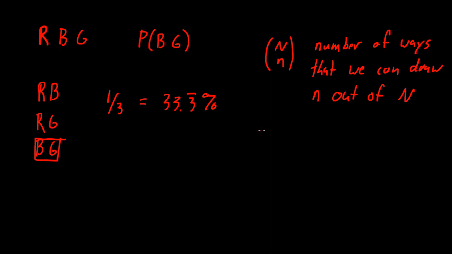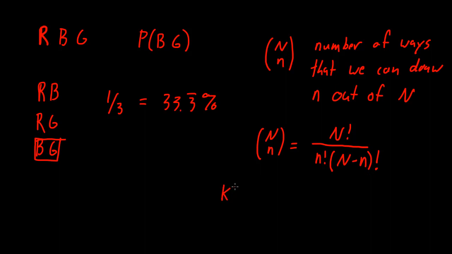The formula for that is cap N over little n is equal to cap N factorial over little n factorial times cap N minus little n factorial. To use this formula, we need to know what a factorial is. We say that k factorial is equal to k times k minus 1 times k minus 2 times k minus 3, and all the way down until we get times 2 and times 1.